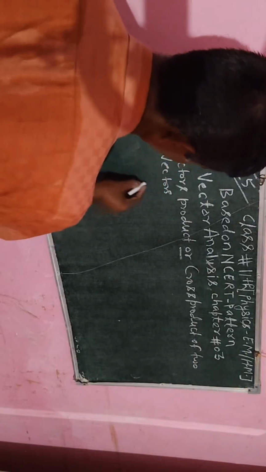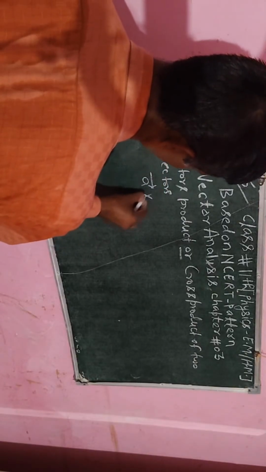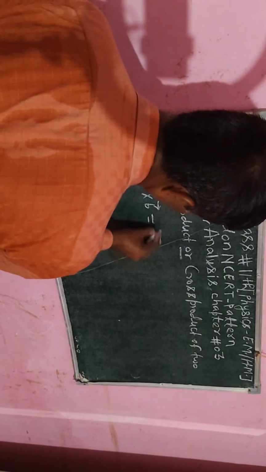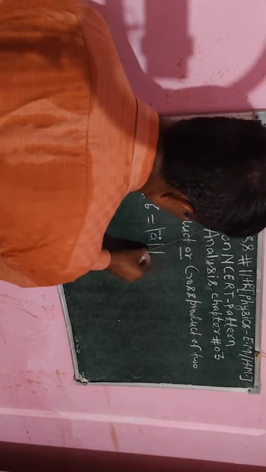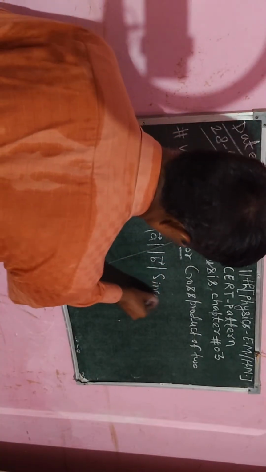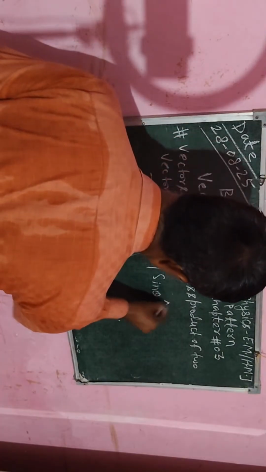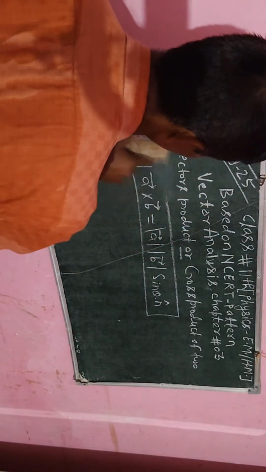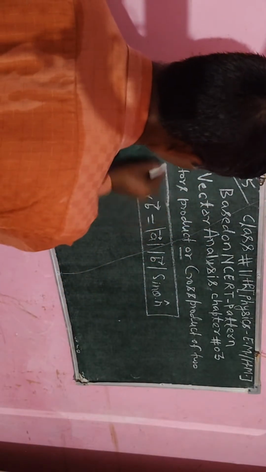So here I write A cross B, which is equal to the magnitude of the vector A into the magnitude of the vector B into sin theta, and I will write one unit vector like this. So this is the vector product. I will say this is the cross product.